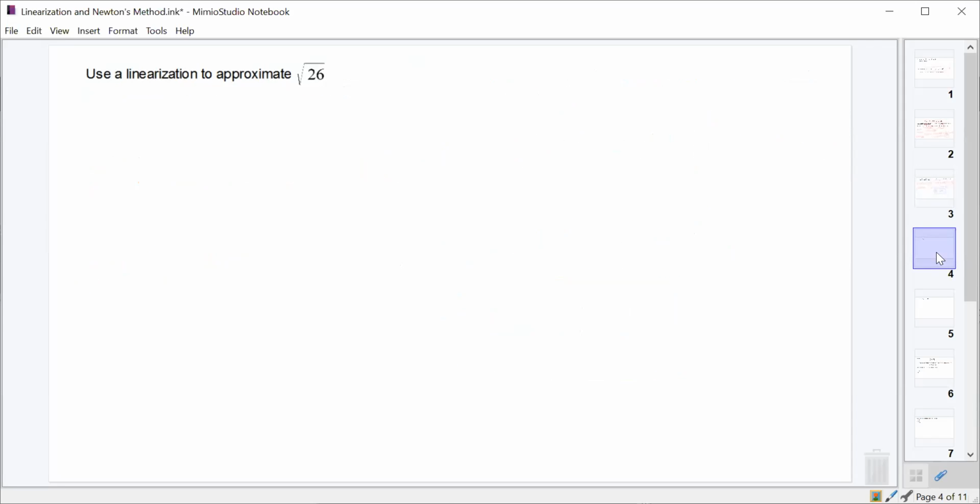Let's see if we can use a linearization to approximate the square root of 26. So now we're going to have to come up with our own function and our own values that we're going to use, but it shouldn't be too bad, I hope. What do you think the function we'll use is? Square root. Should be the square root of x, right?